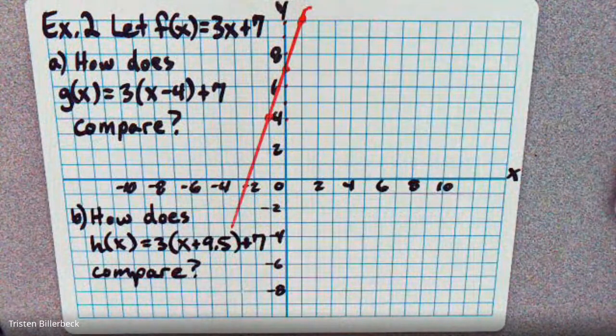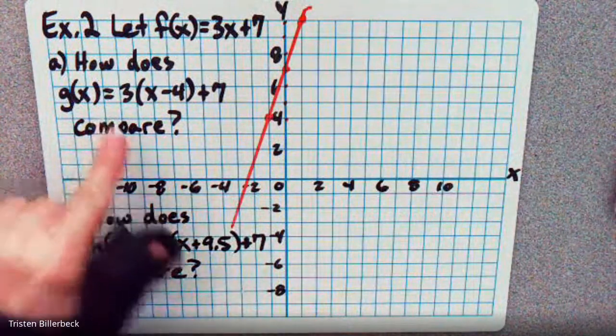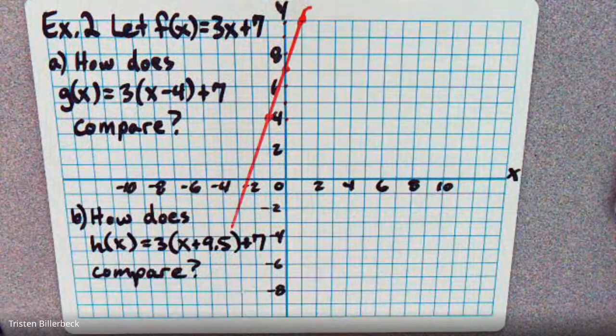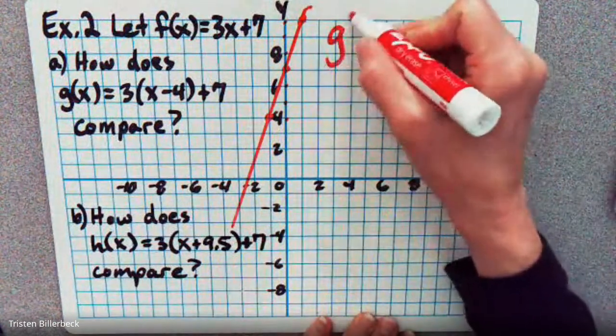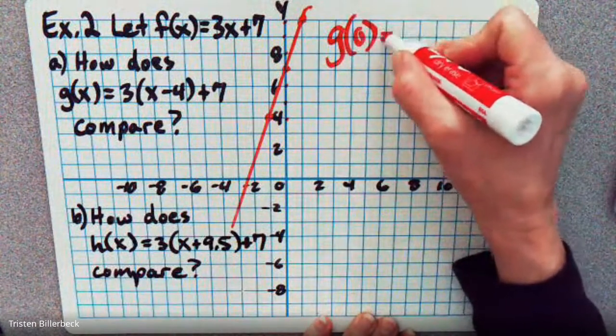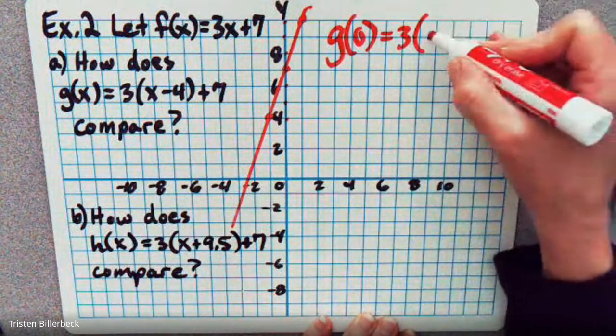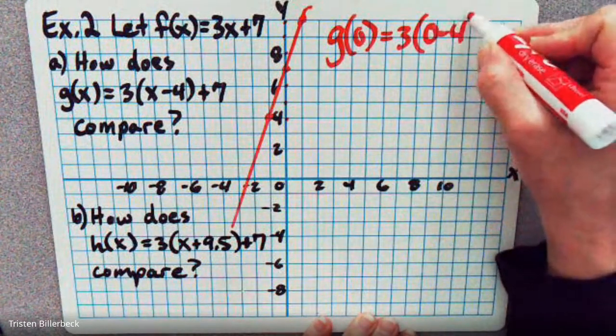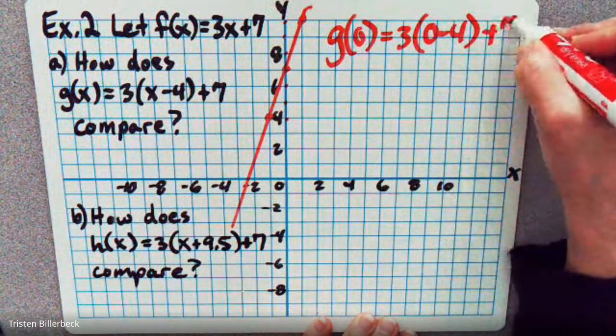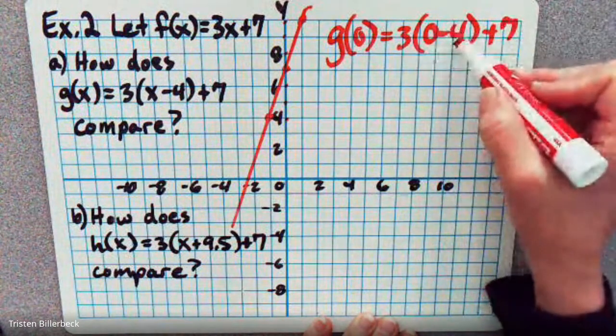So let's look at this shift. Okay, so let's put in a few numbers for that one. So we have g of 0 equals 3 times (0 minus 4) plus 7. So that's -4.